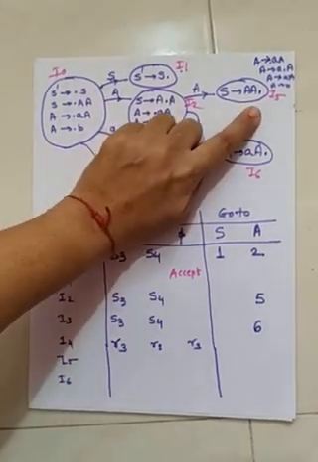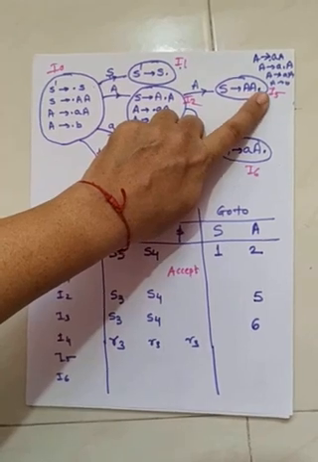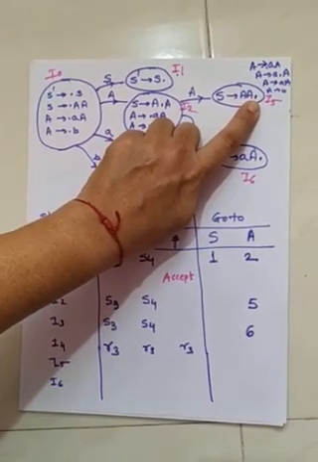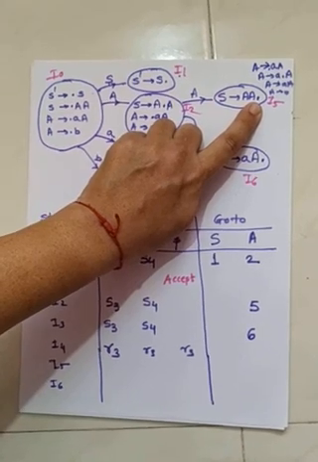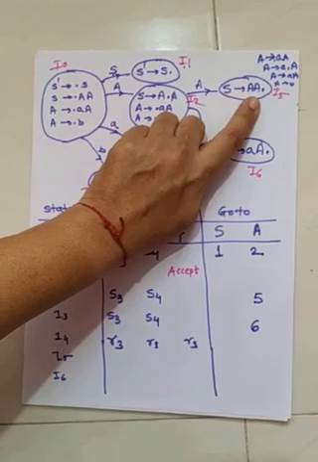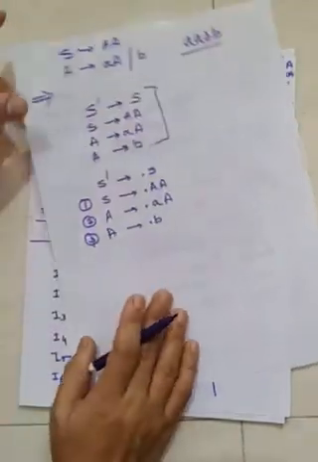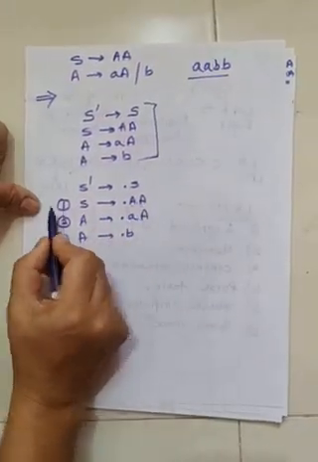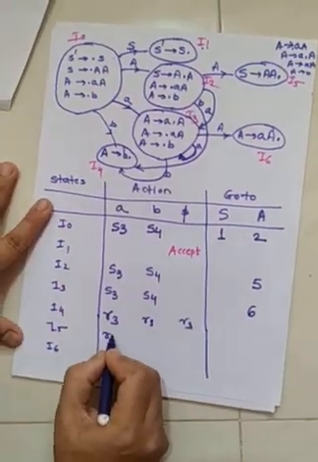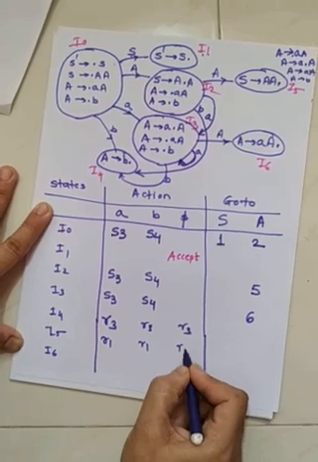Similarly, I5 state. I5 is again a final state, a totally reduced state. So again we write R for reduce action, and we have to identify the number. The production is S producing AA, and in our grammar S producing AA has number 1. So we will write R1 in all the columns.